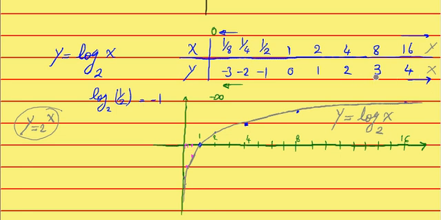So for example, 2 cubed will be 8, 2 to the power of 4 is going to be 16, 2 to the power of minus 3 is going to be an eighth. There's one more reason why these two functions are called inverse functions. So if this is x, that's going to be y, opposite of what we had here. So if I were to graph that alongside with the graph I just drew, I will discover something we have seen in the section on inverse functions.